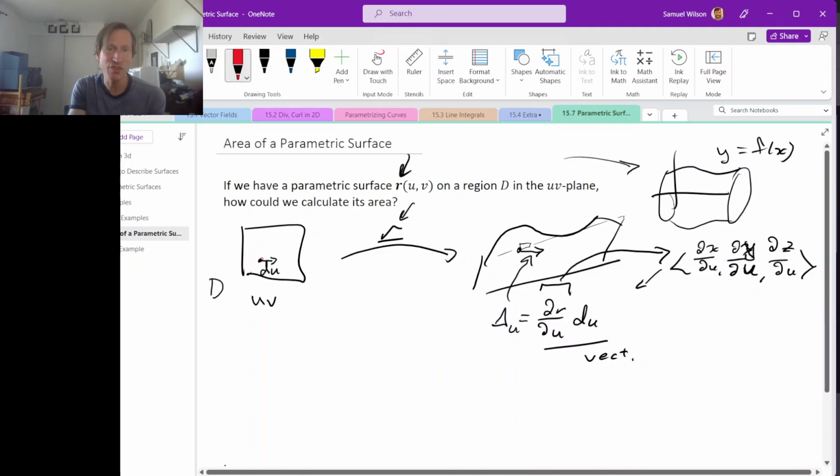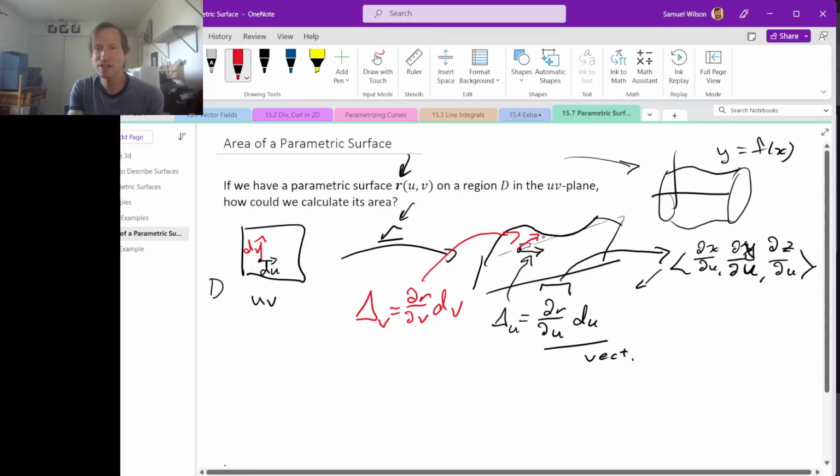Now if we change v a little bit by an amount dv, that causes a change in our position over on the surface, and that change we could call delta v, and we would write it as partial r partial v times dv.